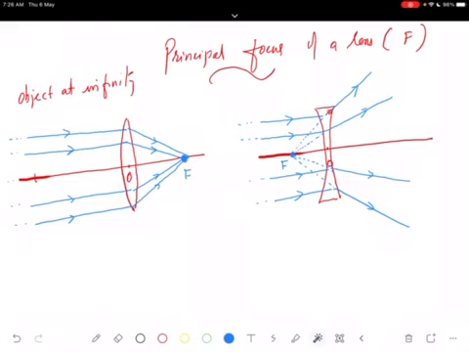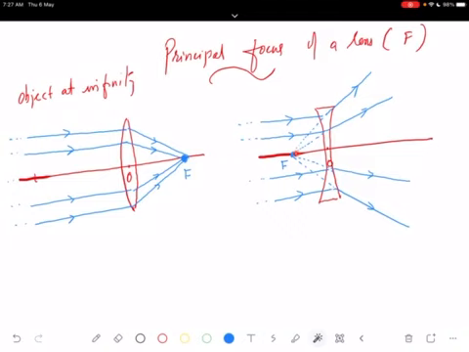Whereas in the case of concave lens, they appear to diverge from a point. This point on the principal axis is known as principal focus. This is the definition of principal focus along with the diagram.